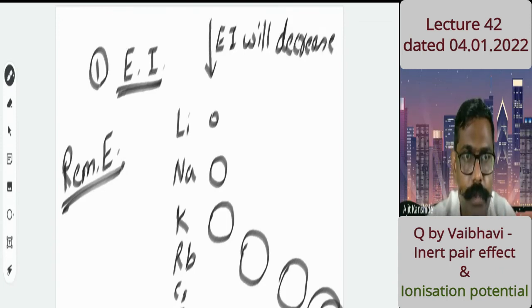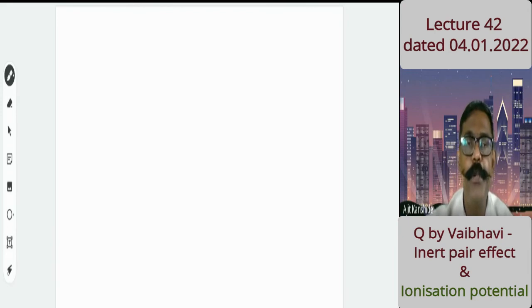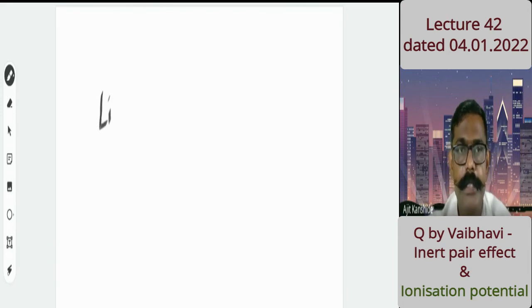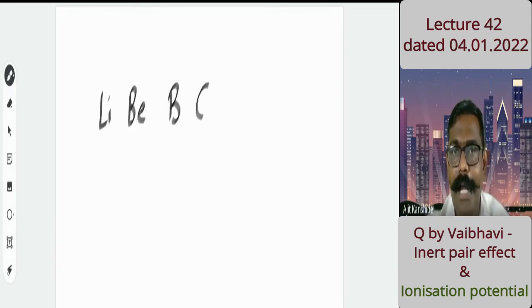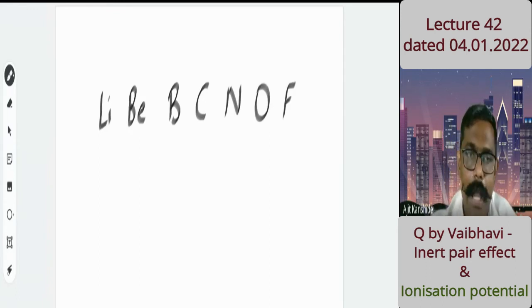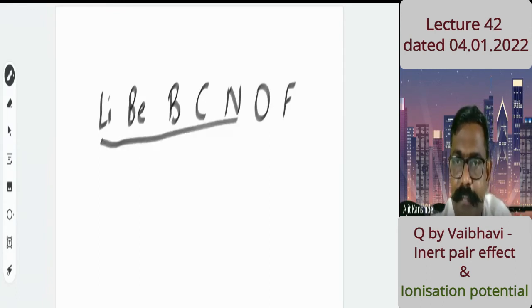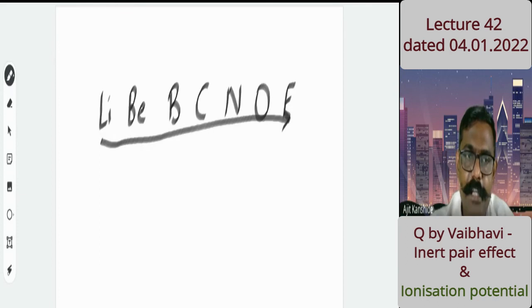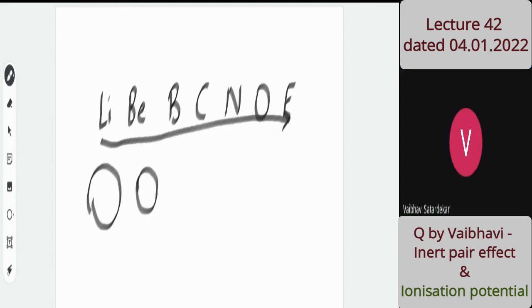Now, the second conclusion. For that, we have to consider a period, meaning the elements in a period. Let me consider the second period: lithium, beryllium, boron, carbon, nitrogen, oxygen, fluorine. As I move from left to right, atomic size increases or decreases? Decreases.